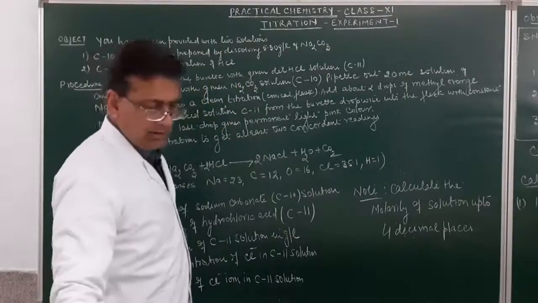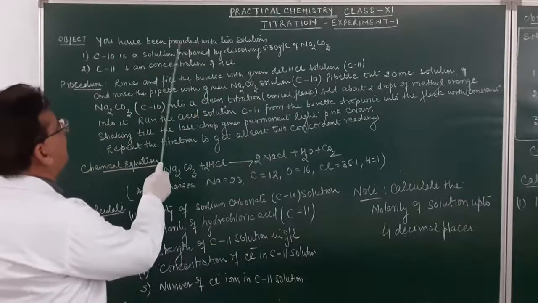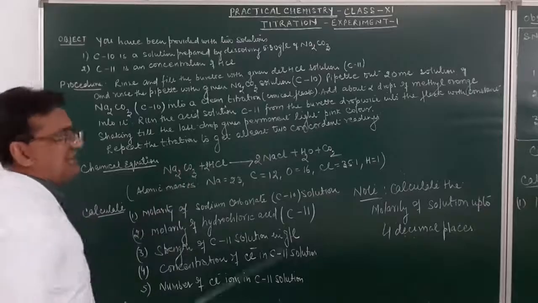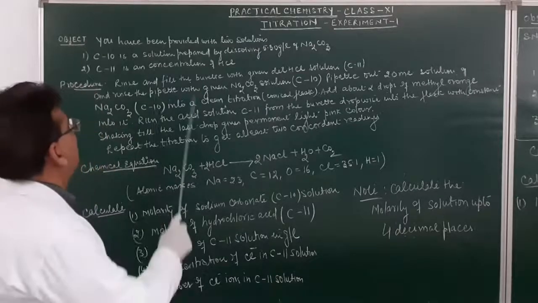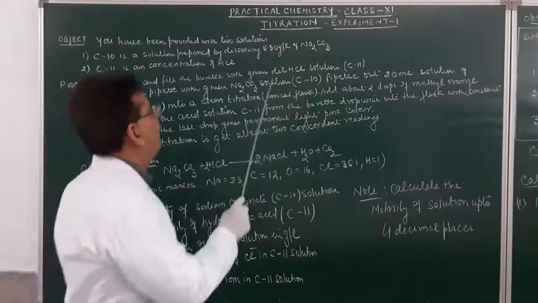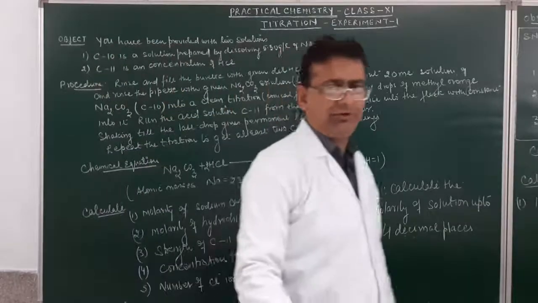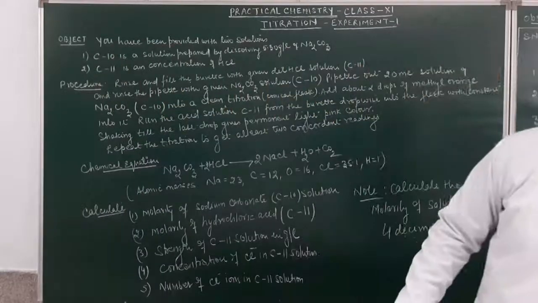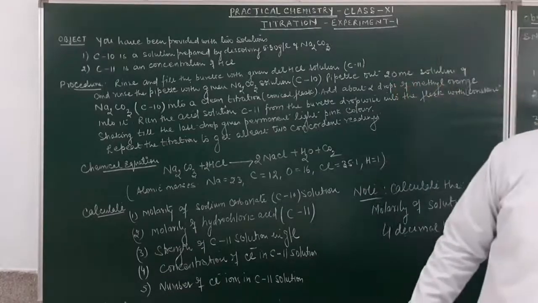You have been provided with 2 solutions. C10 is a solution prepared by dissolving 5.30 gram per liter of sodium carbonate. So, whenever you come to the lab, we will be giving you 2 solutions.